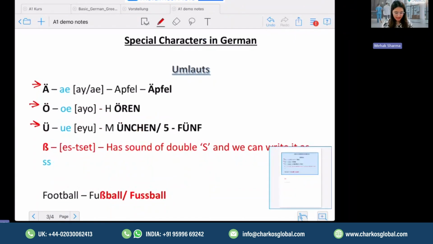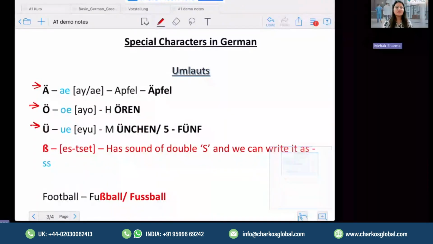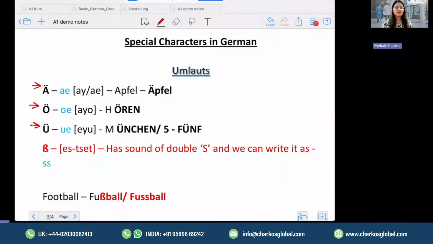So let's understand, what does it actually do? What is the function of these umlauts? Now, the function of this umlaut is that they change the pronunciation of these letters into something else. Okay, I have added here examples to make you understand how does it actually work.